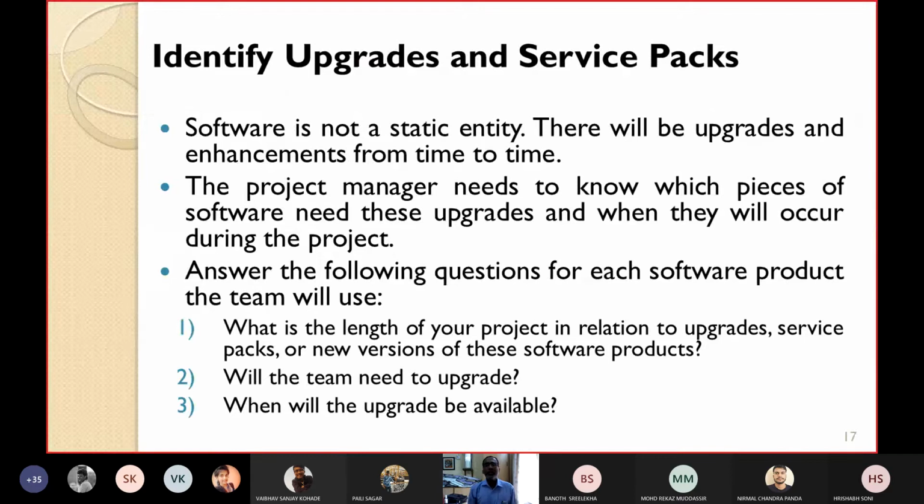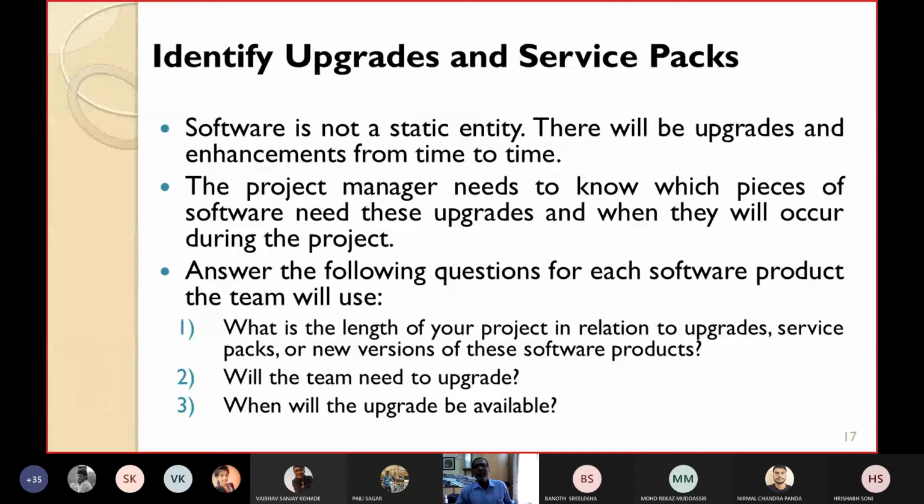You have to identify what the different upgrades are, when they have been made, and what different service packs you are using. You know that software is not a static entity. It dynamically changes, and there will be upgrades and enhancements from time to time.